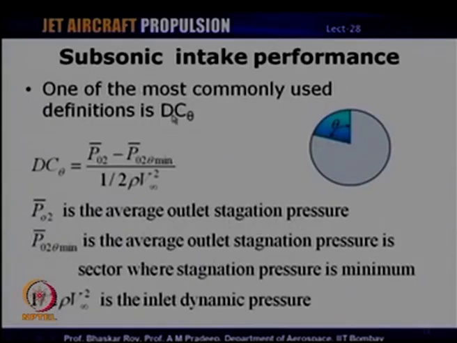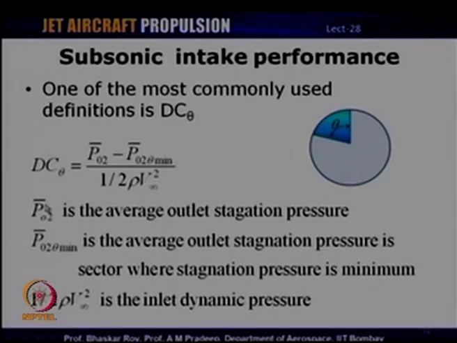One of the most commonly used definitions is known as DC subscript theta, where DC stands for distortion coefficient. DC theta is usually defined as the difference between the average stagnation pressure at the exit of the diffuser minus the average stagnation pressure in a sector theta where the stagnation pressure is minimum, divided by half rho V infinity square.